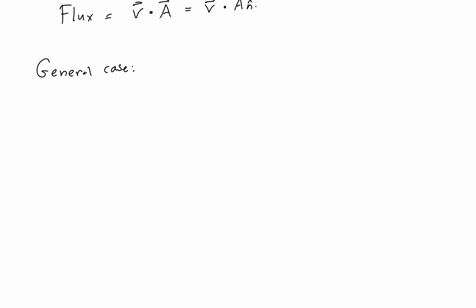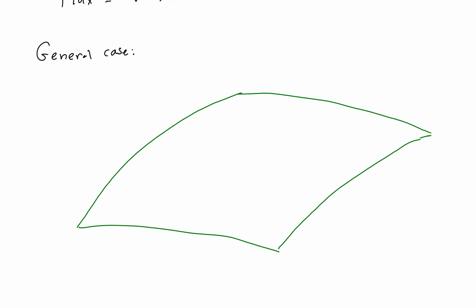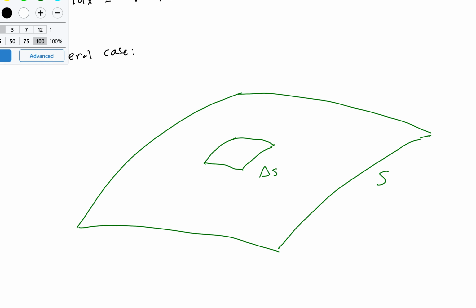Now I'm going to do what we often do in calculus, and take my surface and break it up into a bunch of little pieces. So I have my big surface S, and I'm going to take a smaller piece of this. This is some little delta S here. I'm still going to have a unit normal here, but now this unit normal is going to vary with x, y, and z.